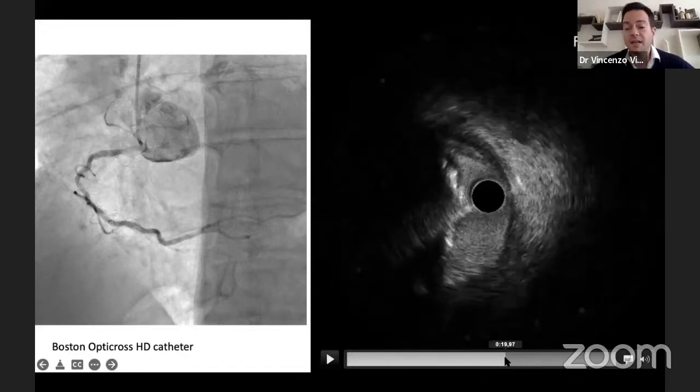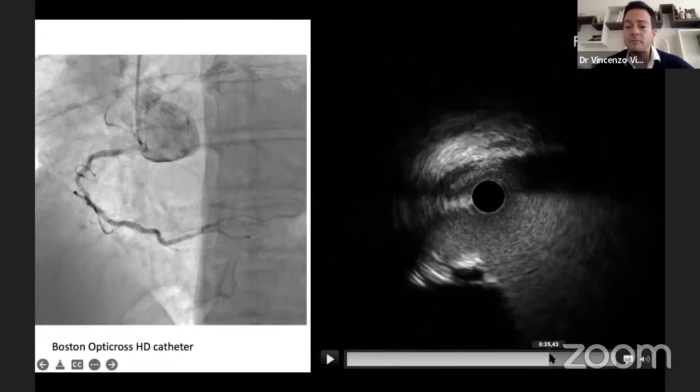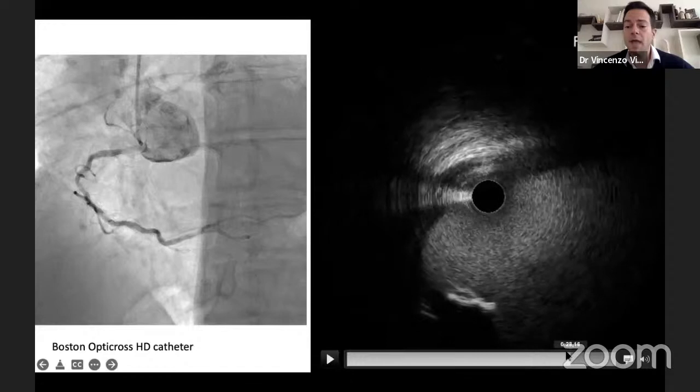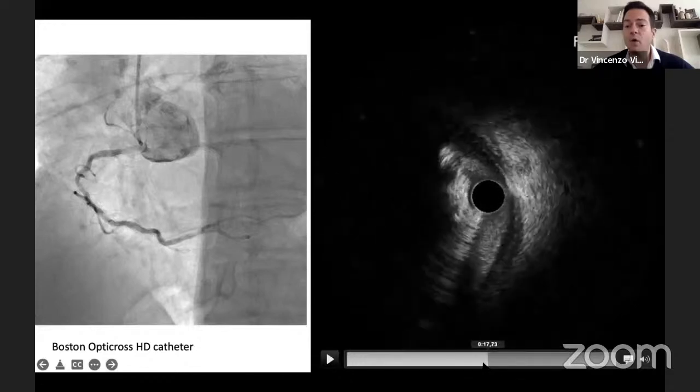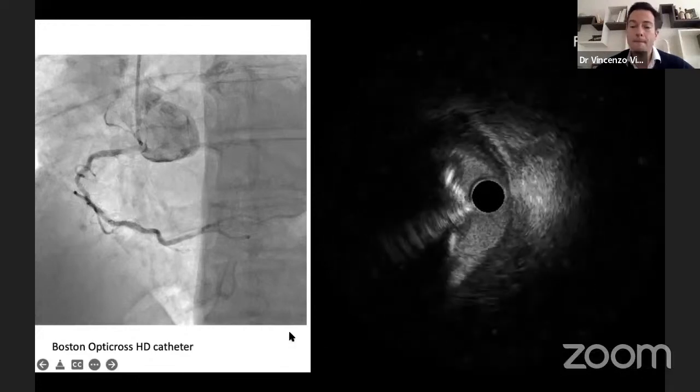The calcified disease goes back up to the ostium. And the MLA at this point was 2.5 millimeters squared.